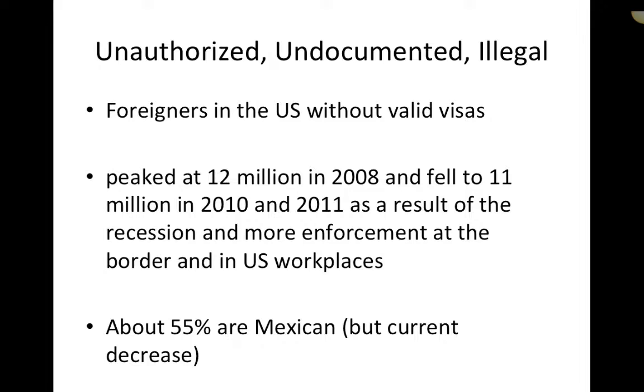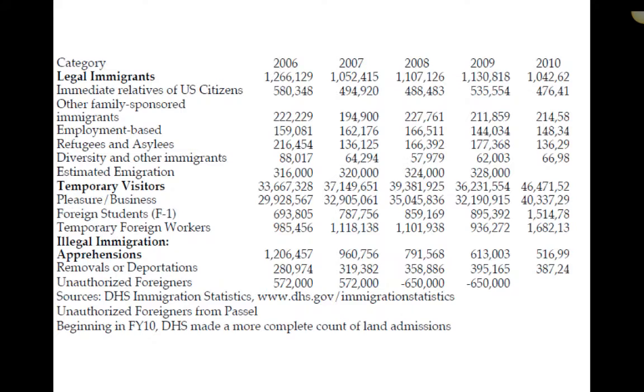It did peak in 2008, fell to 1 million in 2010 and 2011 because of the recession, and has still gone up after that. Over half are Mexican, but we have had a decrease in Mexican immigration. So we are experiencing a decrease, but of those that come here, a little over half are Mexican.